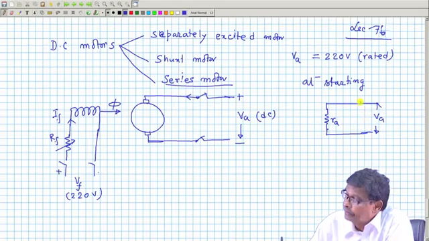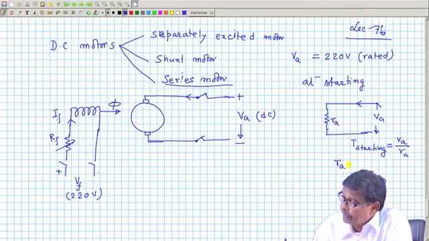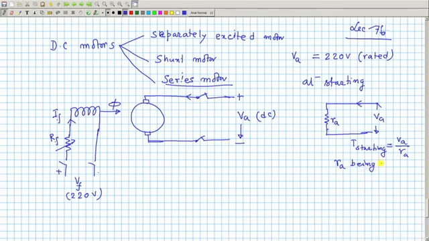So the starting current will be pretty large: I starting is equal to V A divided by R A. R A being very small, the starting current will be very large, will be high. Maybe there will be problems in the machine.